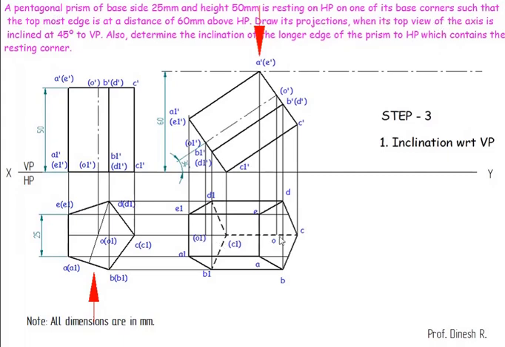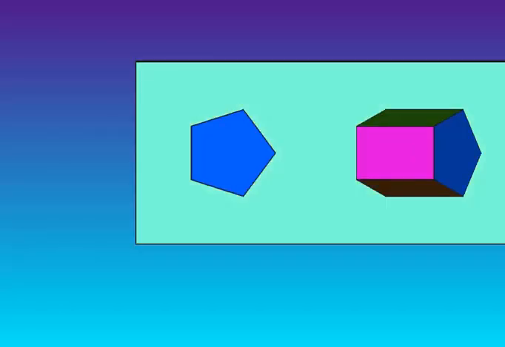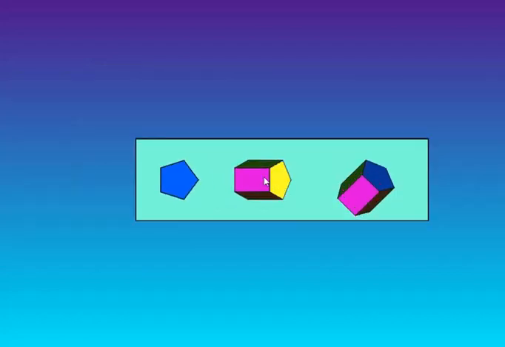This is the top view. The second step is going to be inclined 45 degrees to VP, so we are going to take this prism and incline the axis 45 degrees to VP.